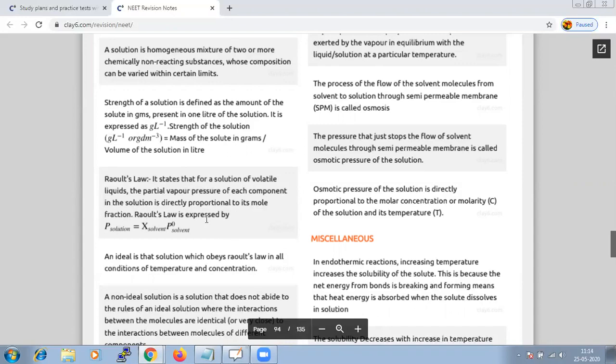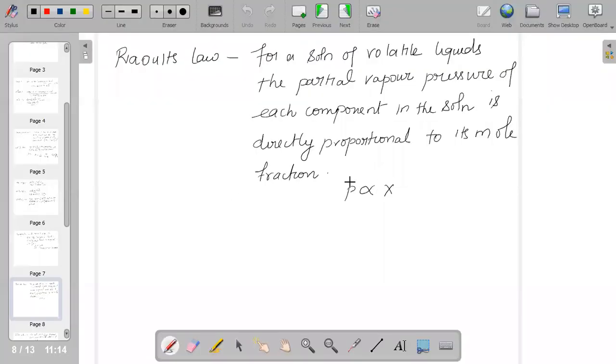Raoult's law is only for liquid solutions. So according to Raoult's law, in a solution of volatile liquids, the partial pressure of each component is directly proportional to its mole fraction, or we say p is equal to p naught x, where p naught is the vapor pressure of the pure component at the same temperature.